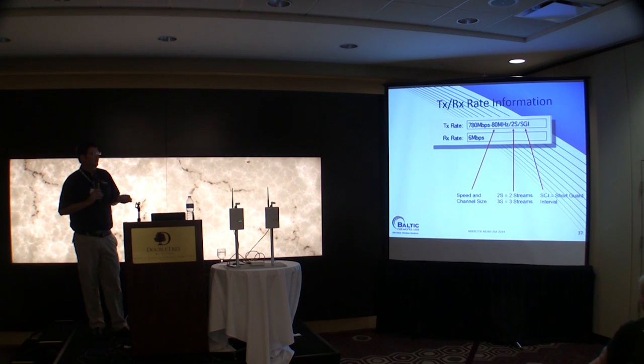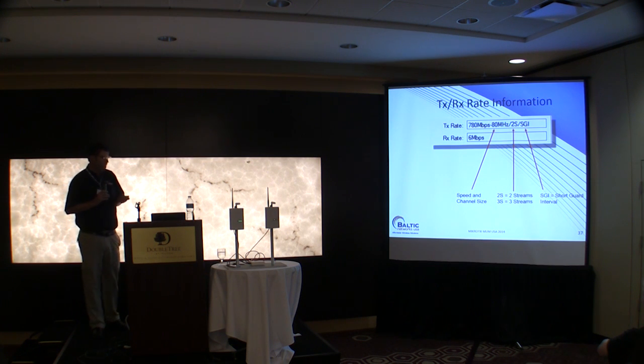On the far right, this is our guard interval. So if it says SGI, that means we're operating in short guard interval. That's the most optimal configuration. But you may not see an SGI at all. If that's the case, we're in a standard long guard interval. And in long guard interval, you're not going to see a top 866. It's going to be a little bit lower than 866.